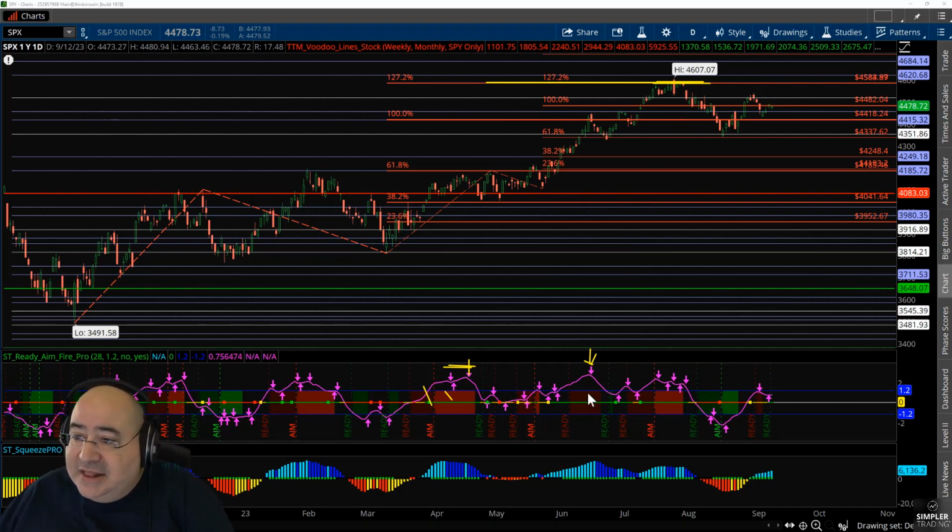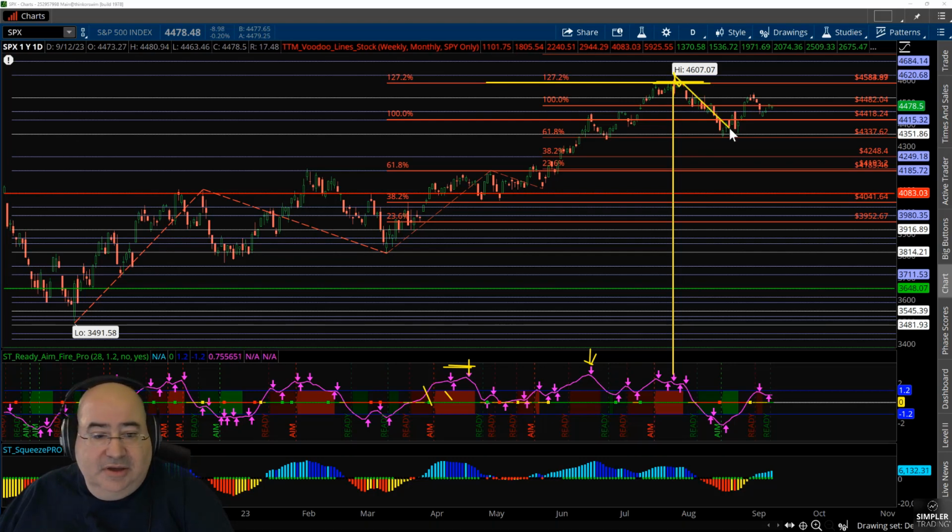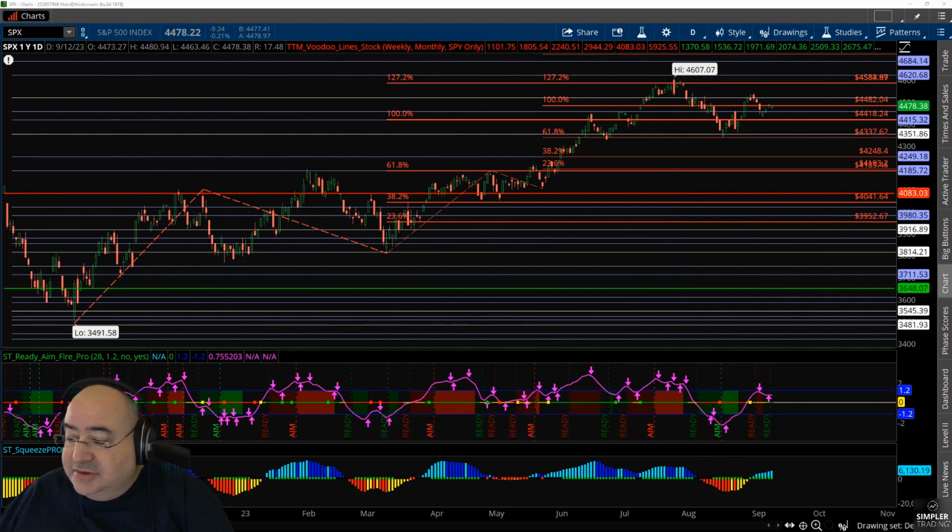And that, therefore, has me looking for these arrows. And so when I have that combination of setup and an arrow that came on this high on the daily, that's going to give me a spot where I want to look for a turn back down. Does that make sense? Just what we talked about before. Setup plus trigger equals trade.